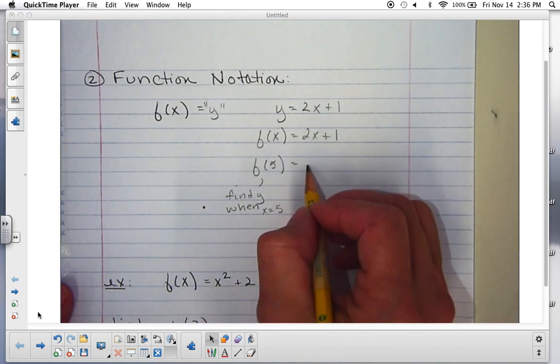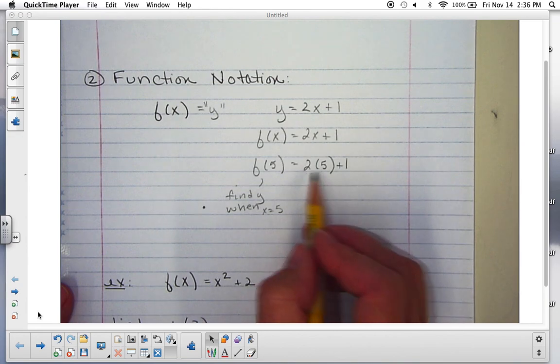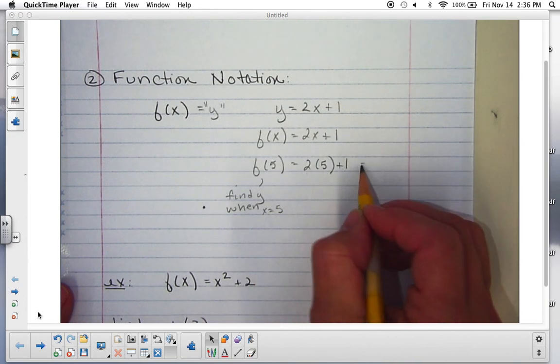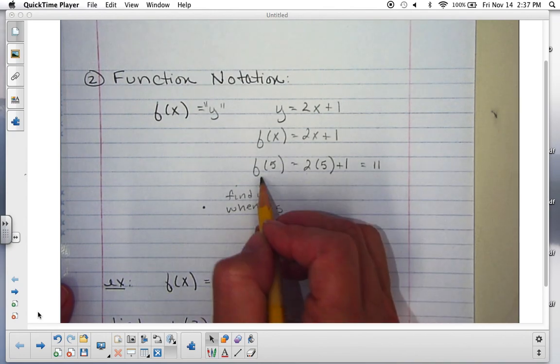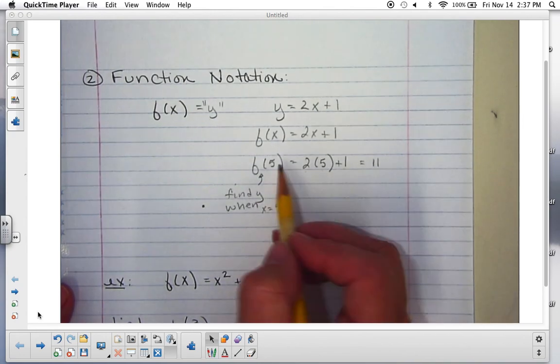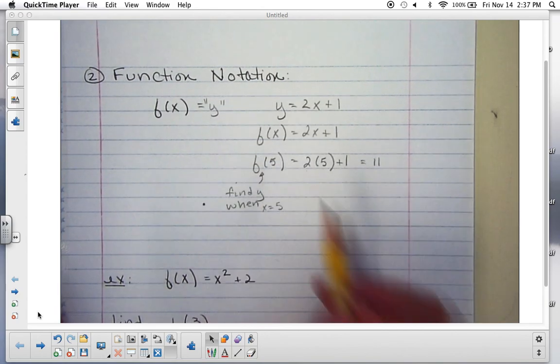So all you're going to do is plug in that 5 and then evaluate. 2 times 5 plus 1, this answer is 11. So f of 5 equals 11. So it is the same as a y, but it lets you ask for a particular y, a y when you know what the x value is.